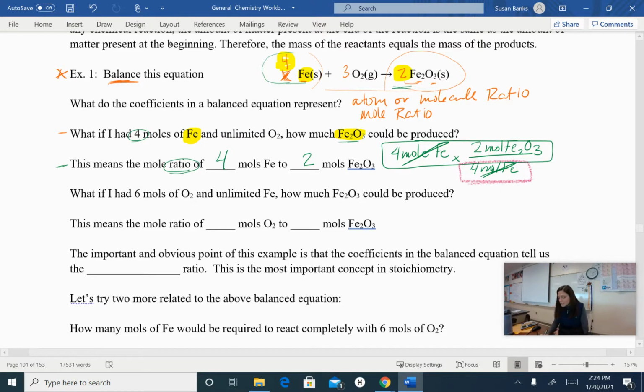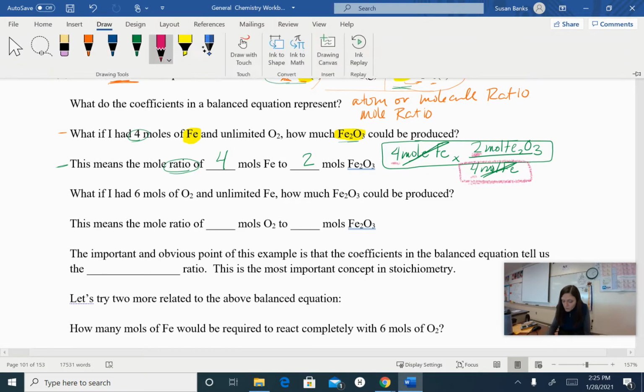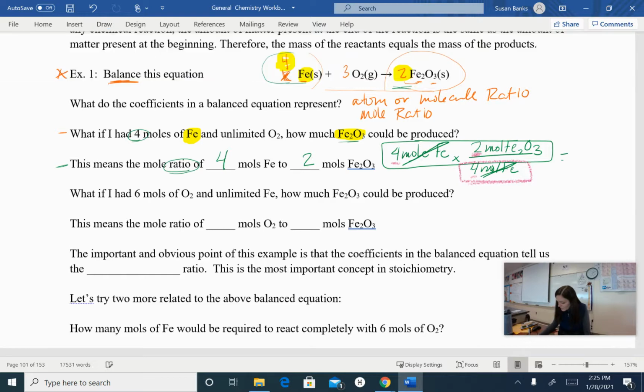So I'm going to take this 4 multiplied by the 2, which gives me 8, divided by 4. 8 divided by 4 is 2. So I'm going to be able to make 2 moles of iron trioxide with the 4 moles of iron that I started off with.